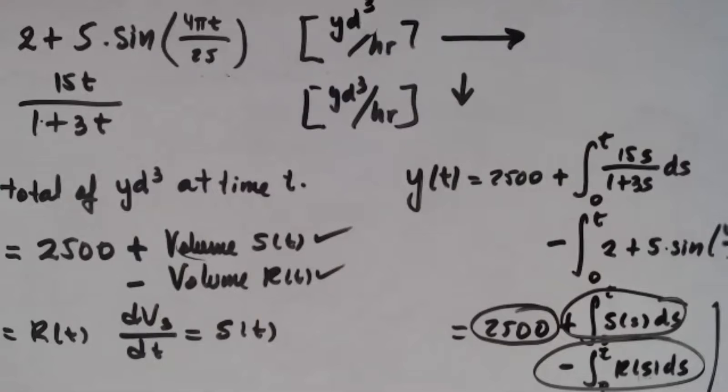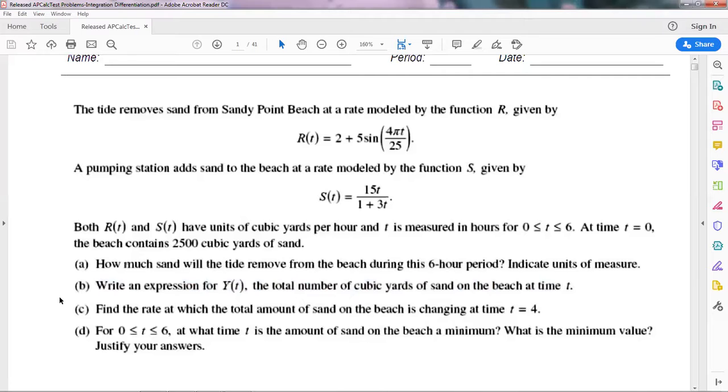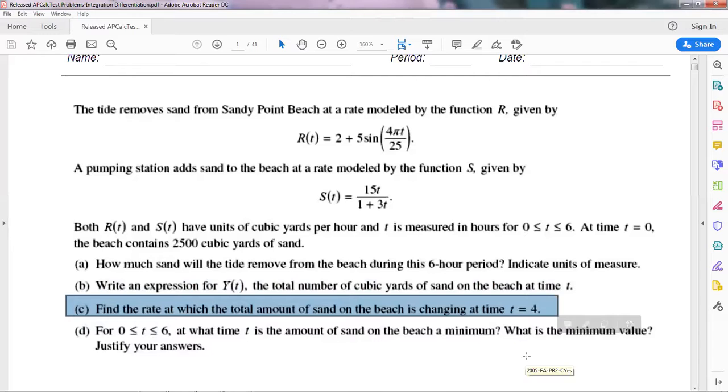Okay, let's now go to the next question. Find the rate at which the total amount of sand on the beach is changing at time t equals 4. Let's see.